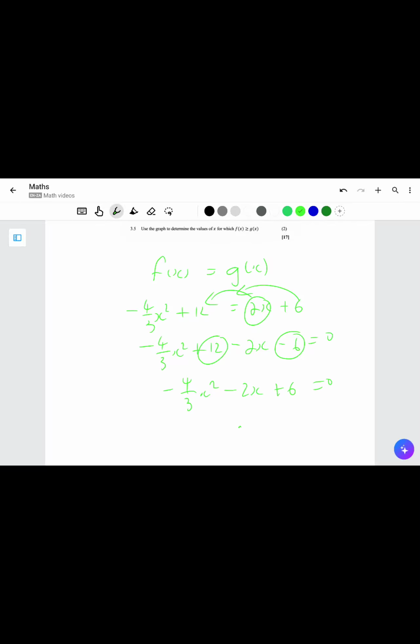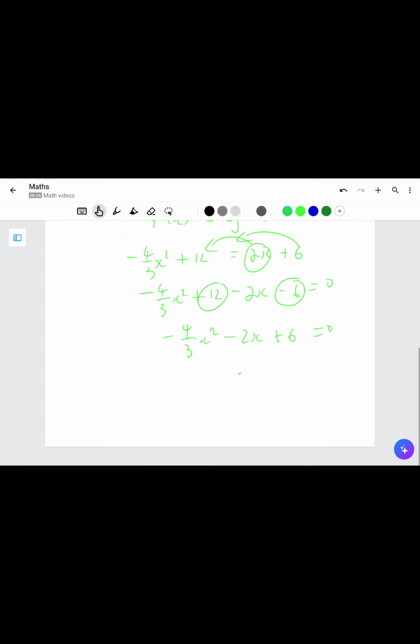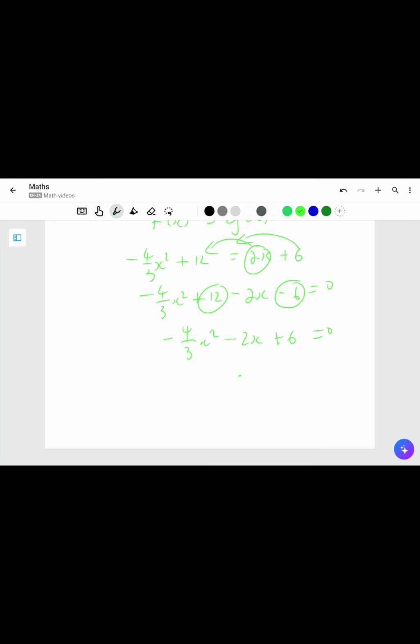Again, we do not want to work with that fraction over there, so we're going to multiply everything in the equation by 3. If we multiply this by 3, that cancels, so you have a minus 4x squared here. If you multiply negative 2x by 3, you get a negative 6x. And if you multiply 6 by 3, we get a positive 18, equals 0.